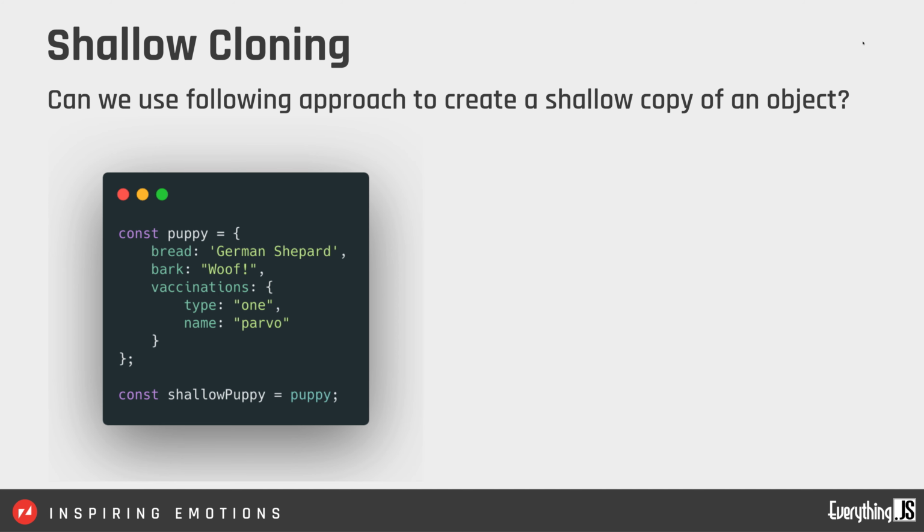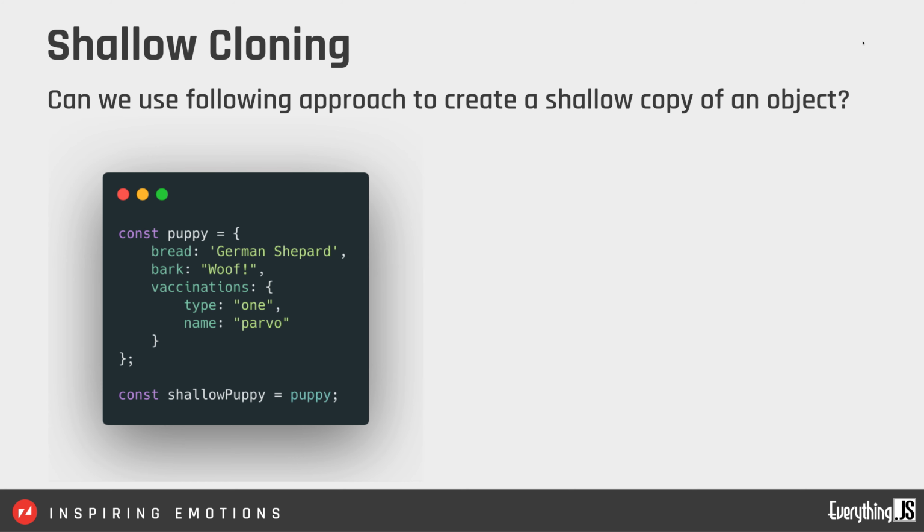We have to have a way of cloning objects or creating a new object whenever there is a state change if we want to reach immutability. So if we want to create an immutable object, whenever there is a state change, we have to have a way of cloning or copying objects. That is what we are going to discuss here.